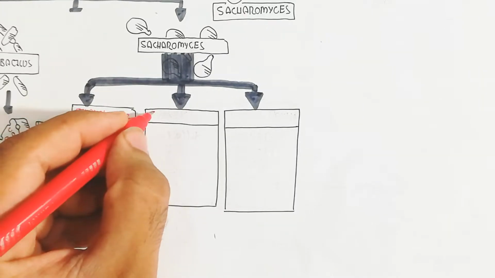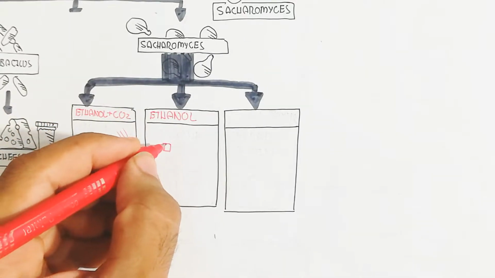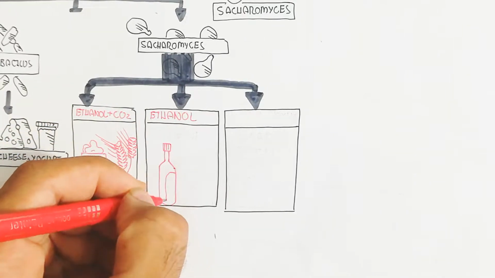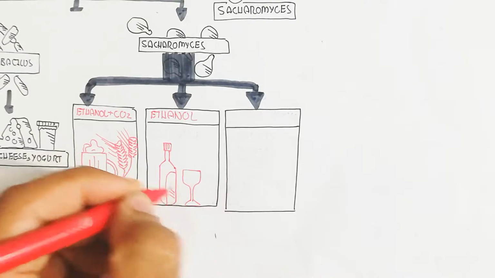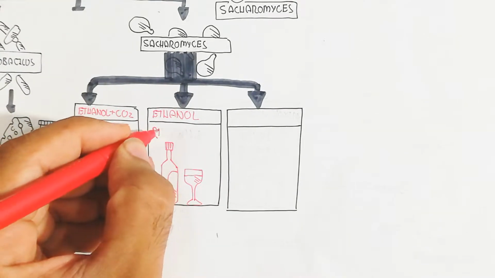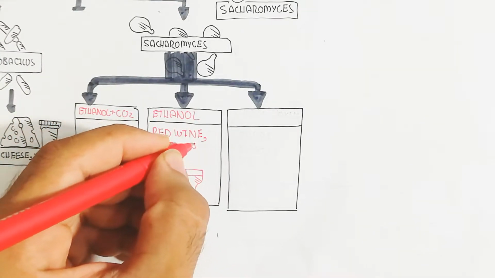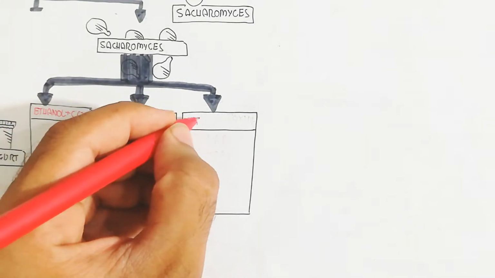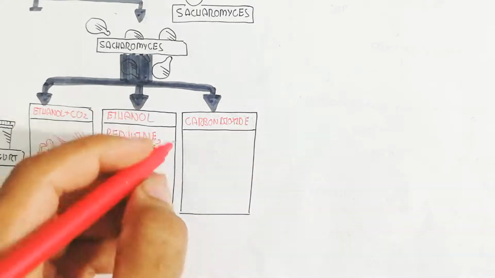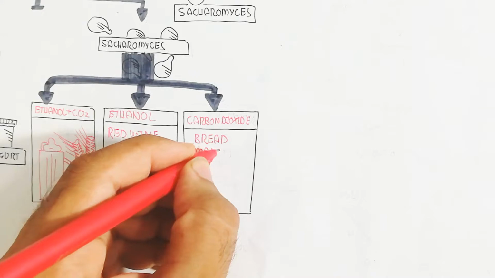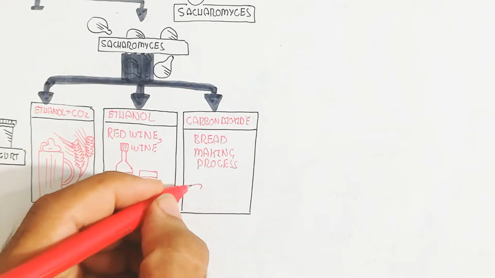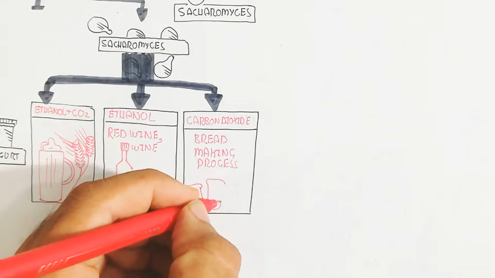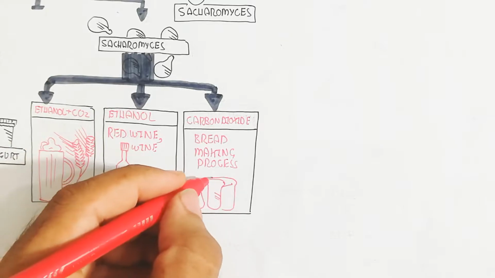Beer fermentation is due to barley and wheat. On the other hand, ethanol production by Saccharomyces yeast gives red wine and wine. The carbon dioxide produced leads to fermentation in the bread making process.